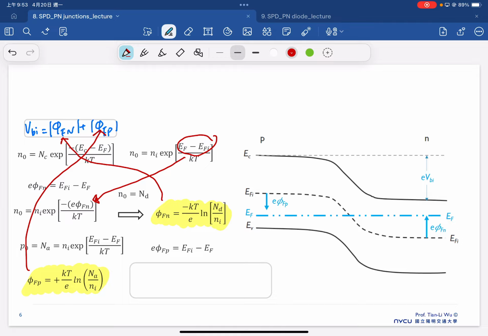Now we put these two equations together, so we get the VBI is equal to KT over E, sometimes used as Q, but it's KT over E, natural log NA times ND over NI squared.